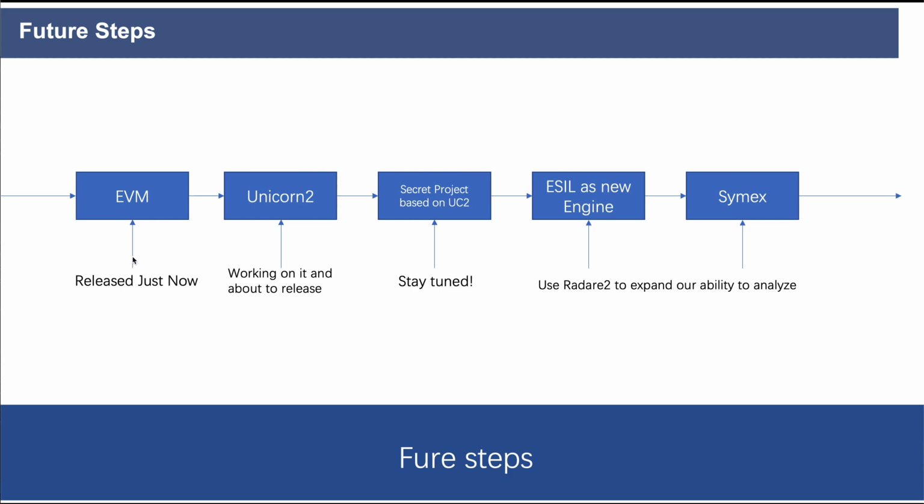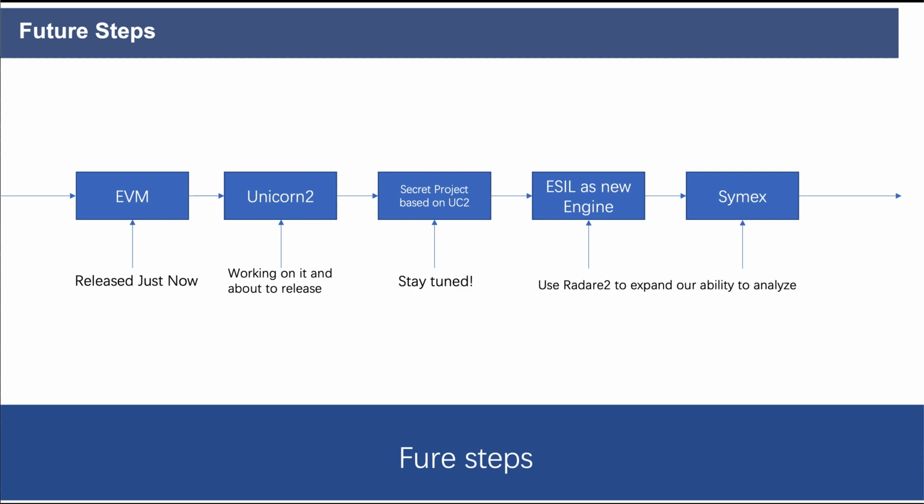And for the future steps. Sorry, I have a typo here. These are the future steps. Firstly, we just release the EVM, and I'm working on Unicorn 2. Yeah, it's a brand new version of Unicorn.